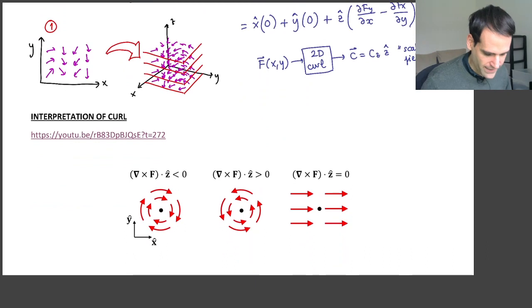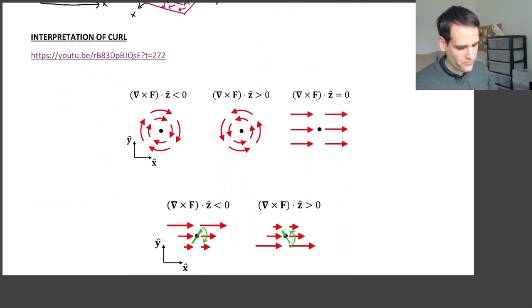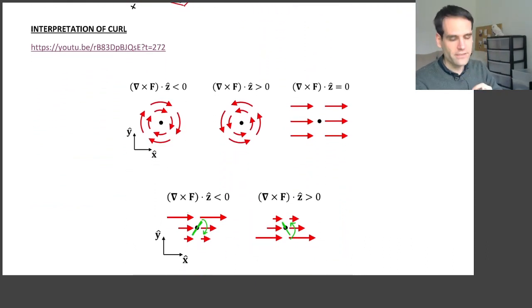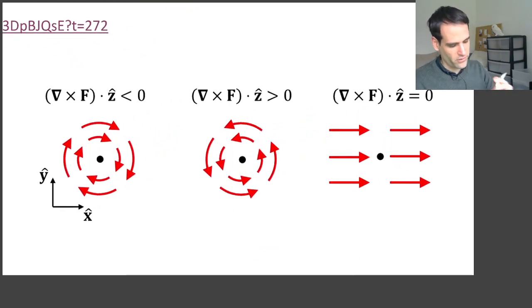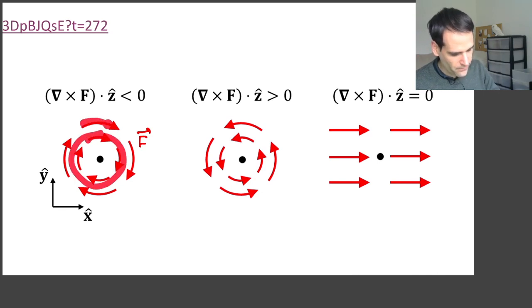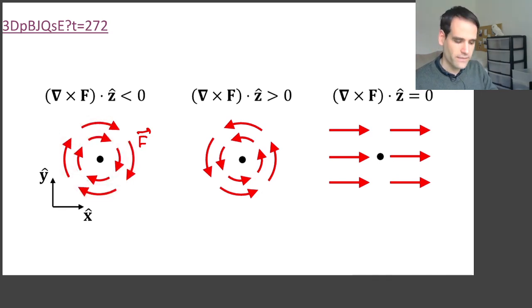So the simplest cases to interpret the curl, you already saw that YouTube video that I suggested that had beautiful visualizations, but let's focus on the simplest cases. So if your vector field F, which is the input to the curl, seems like it's a fluid rotating around a point, then this point will have a curl, and the direction of this curl will follow the right-hand rule.